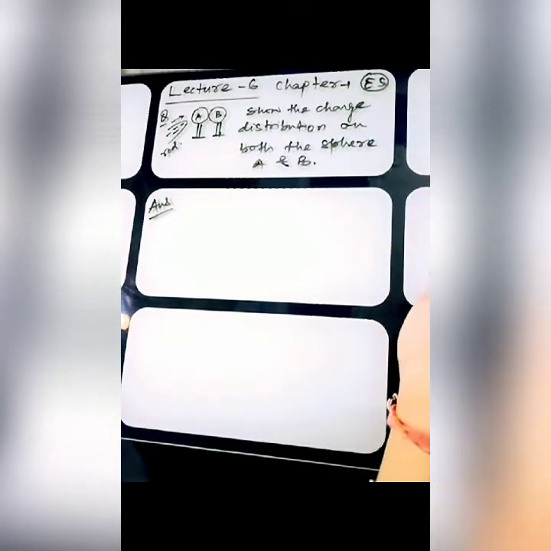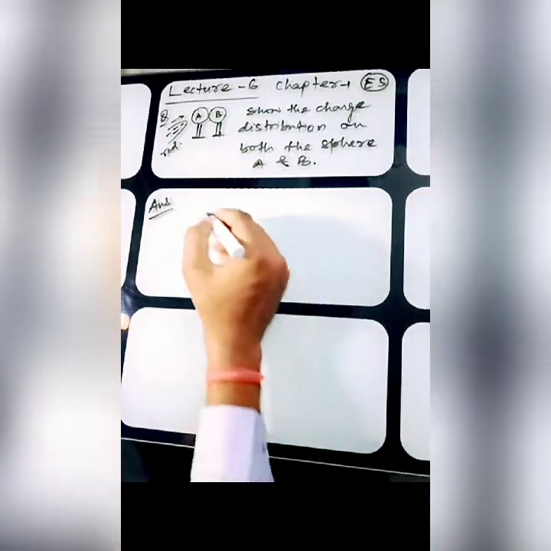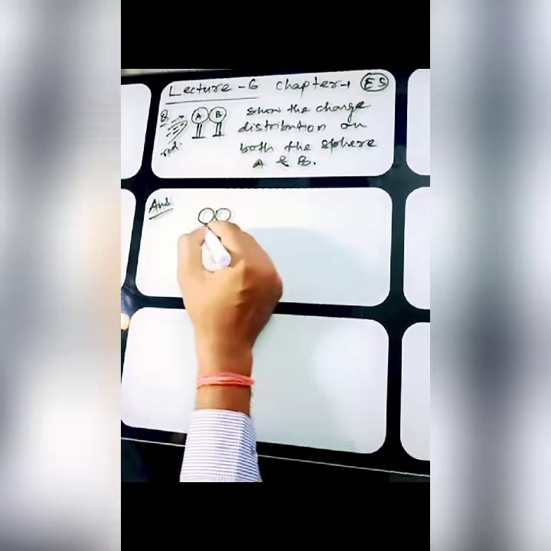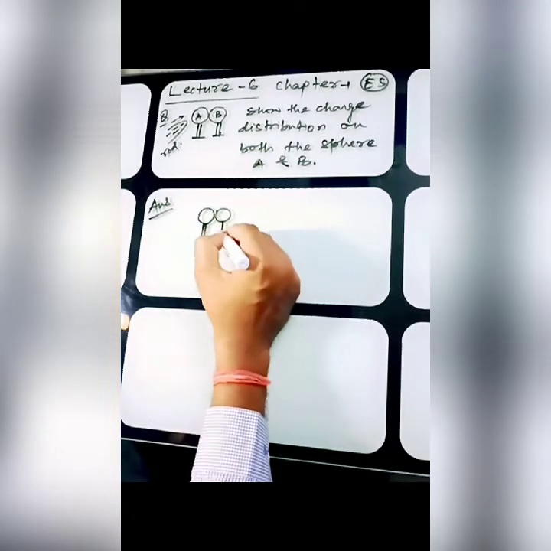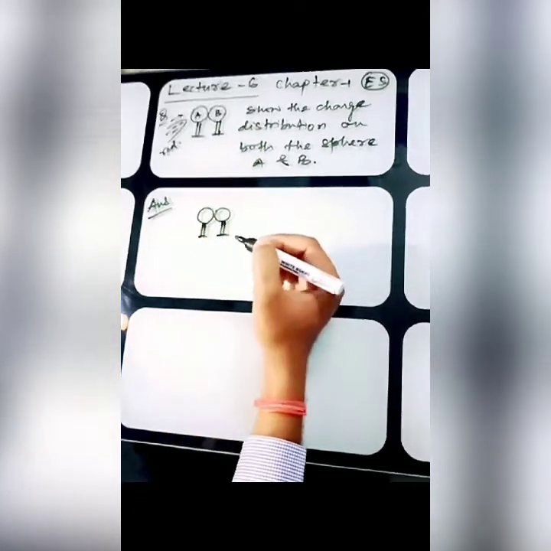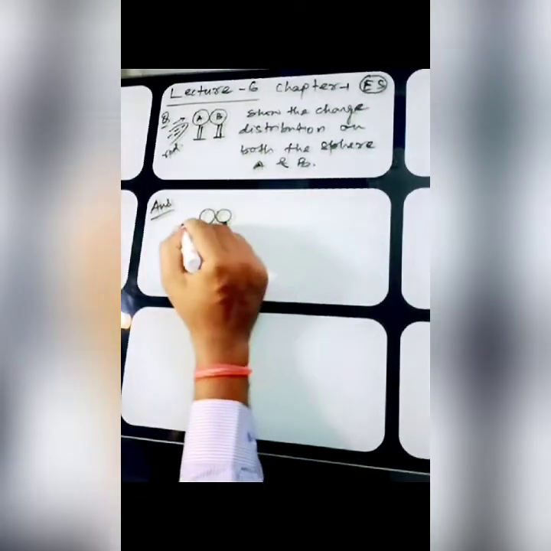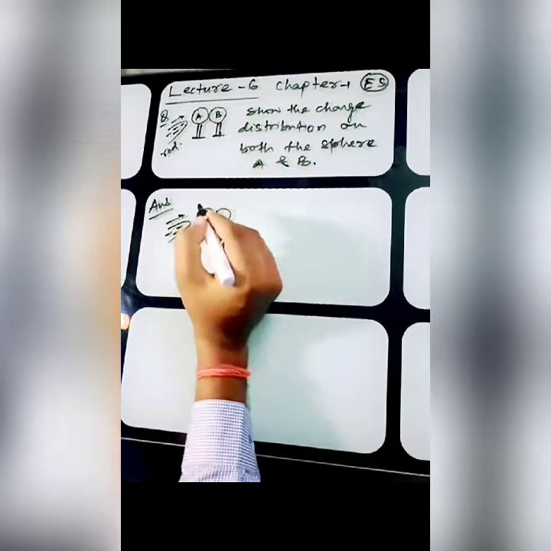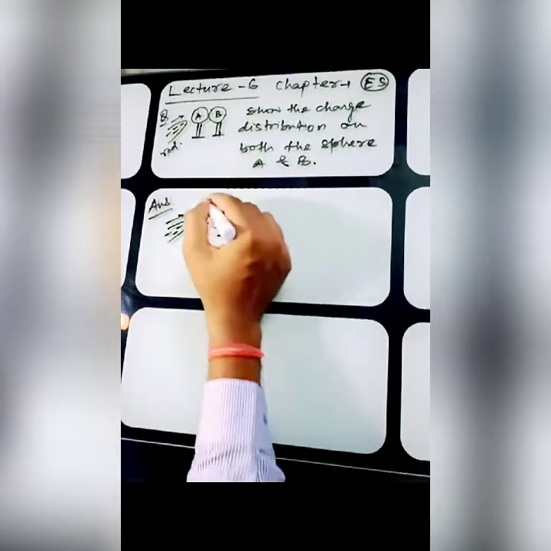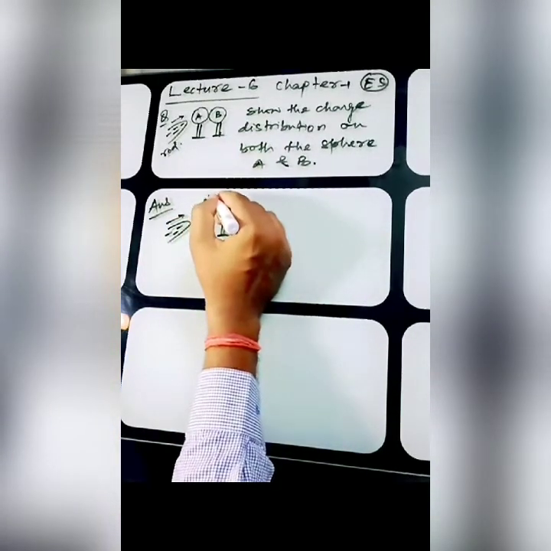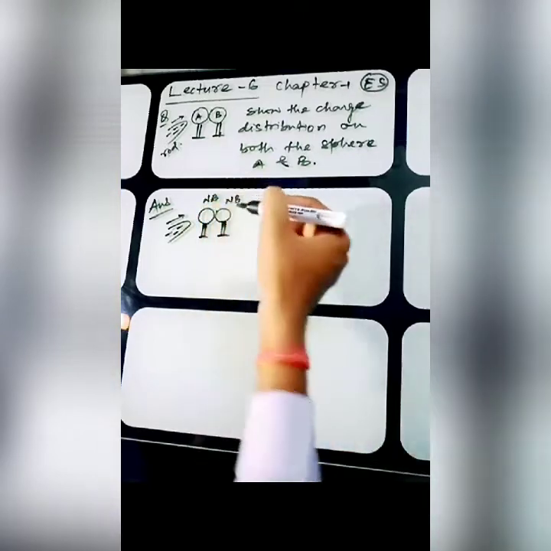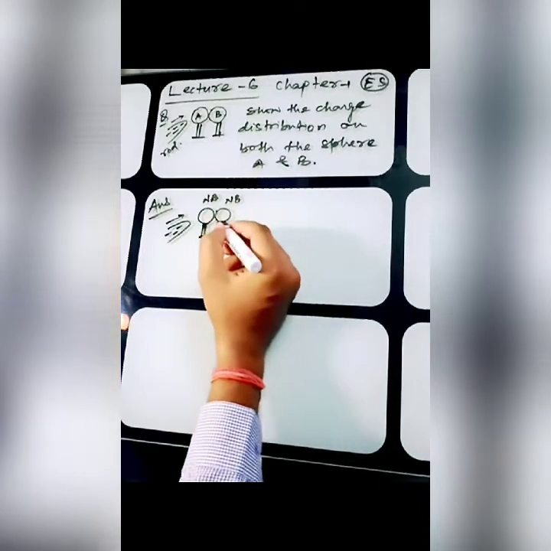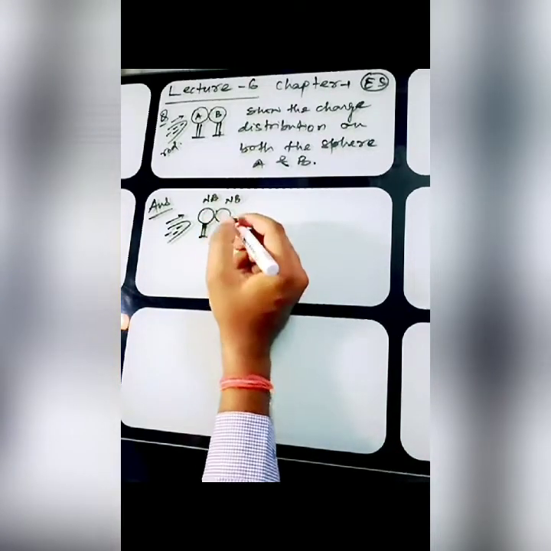Now, these two bodies A and B are neutral and identical. Since both are neutral, equal numbers of positive and negative charges are there.